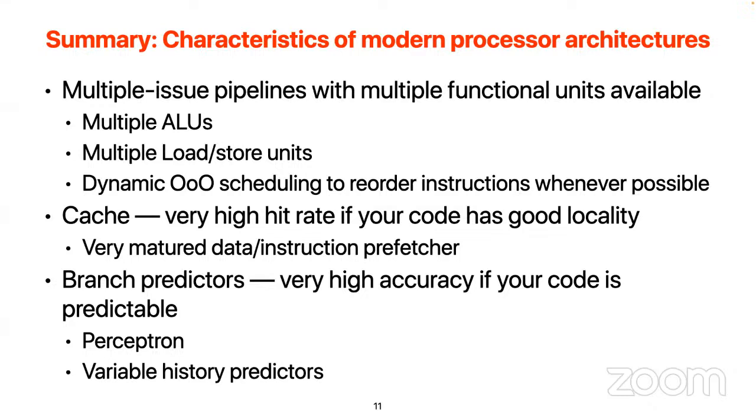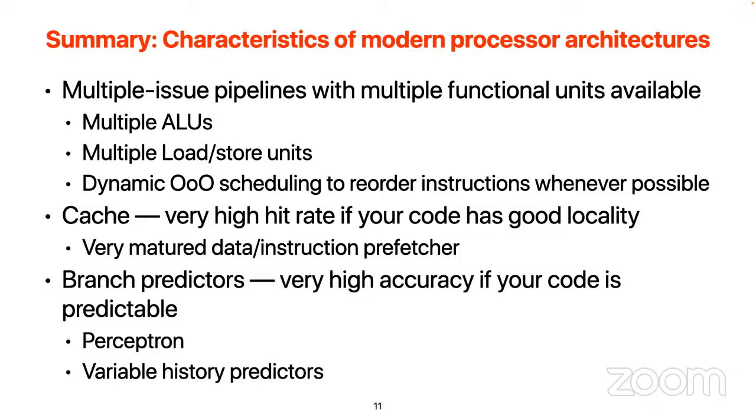So these are all the stuff that we can see in modern processors, right? We have multiple ALUs, multiple functional units, multiple load store units, multiple levels of cache, and there are even prefetchers that make the hit rate really high, so that if your code has very good locality, right?